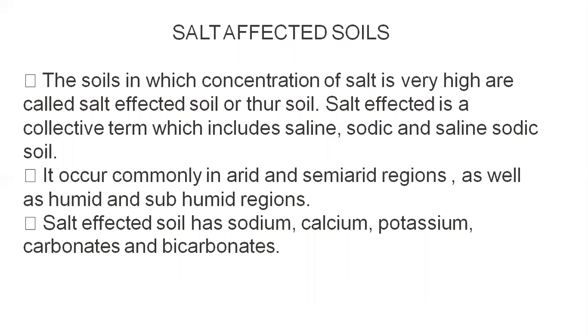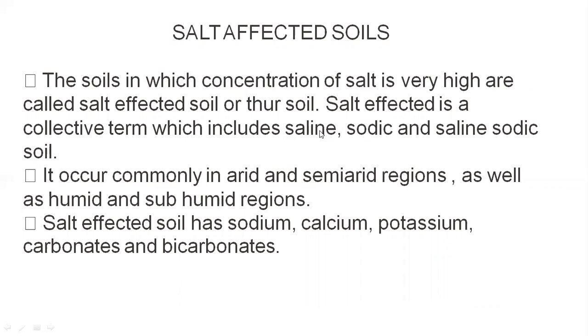Over here, what are the salt affected areas or salt affected soils? The soils in which the concentration of salt is very high are called salt affected soil. Salt affected is a collective term that includes saline, sodic, and saline sodic soil.